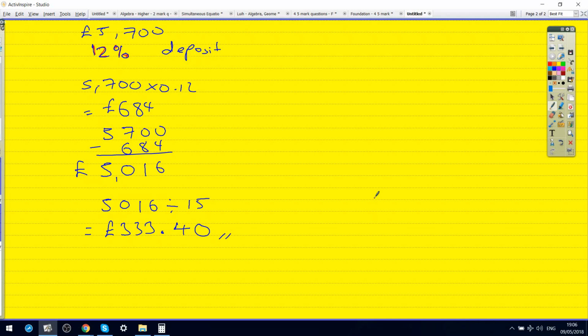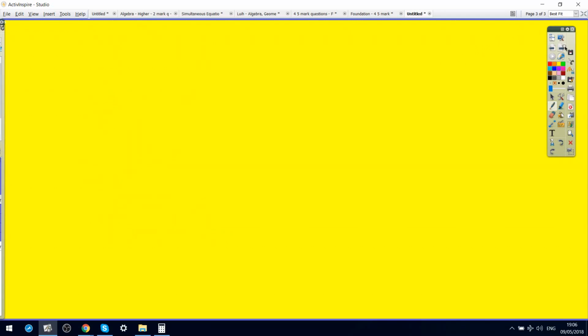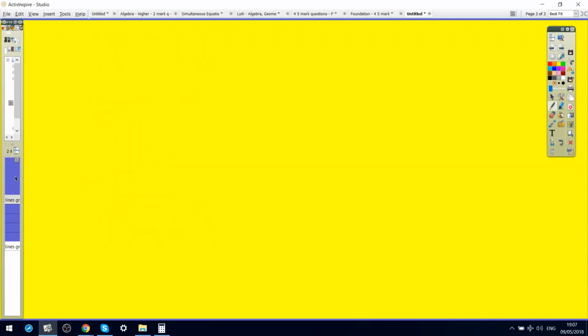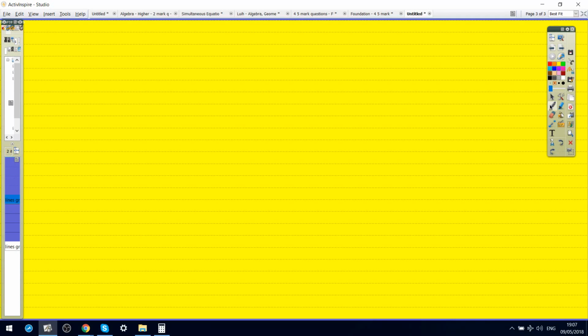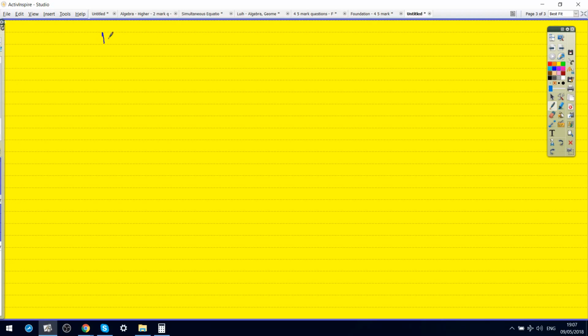Write 168 as a product of its prime factors. Is that the tree almost going downwards? Yeah. So for this one, it would be 168, then 100 and 68, separating each other.